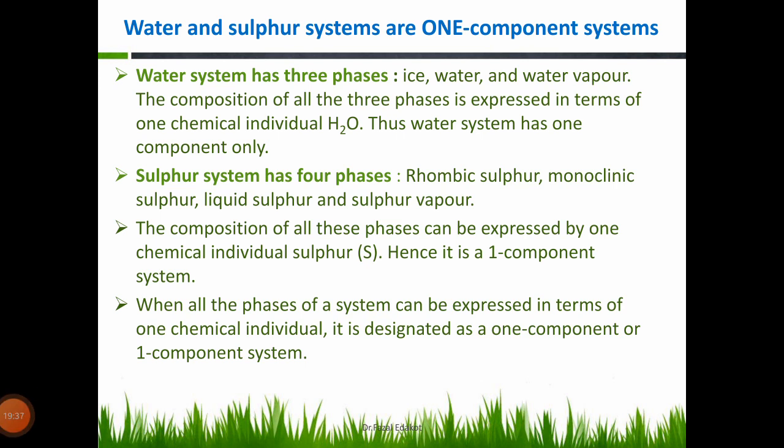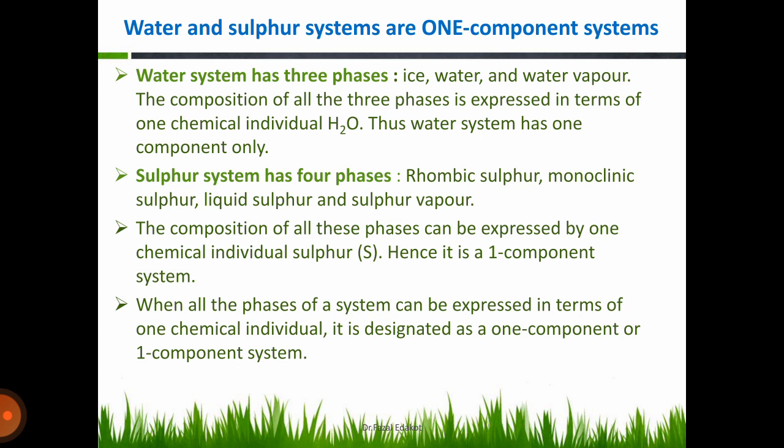Let's take a few very simple examples. Water system has three phases, as we have discussed: ice, water and water vapor. What is the chemical material of all these three phases, if you ask? It could be expressed by one individual chemical formula, that is H2O. Thus, water system has one component only.